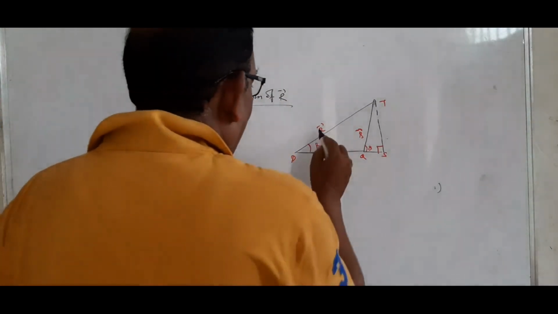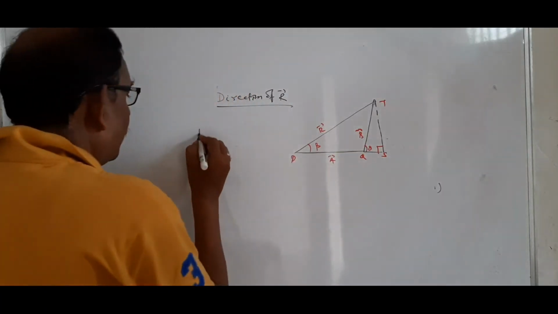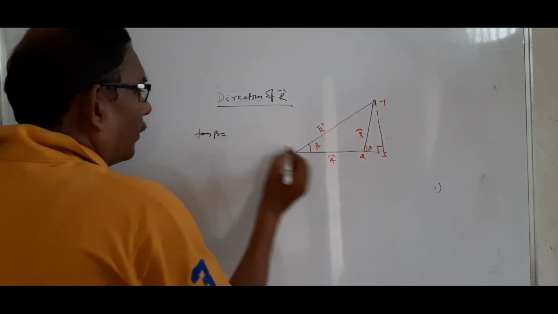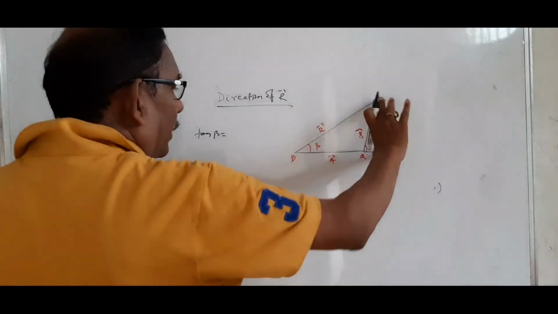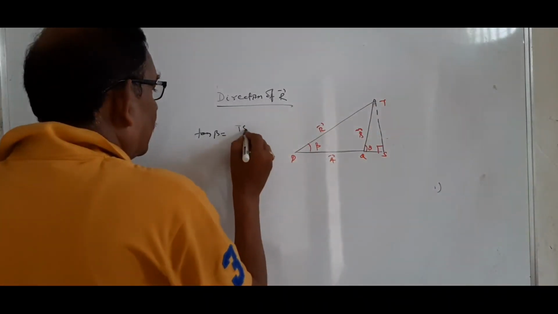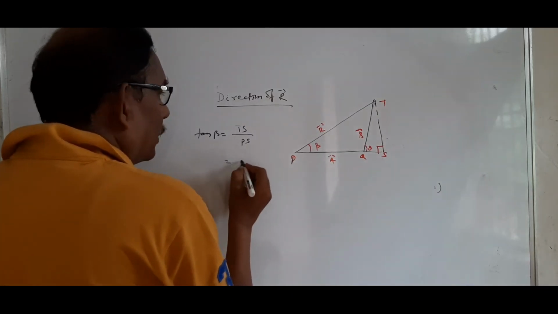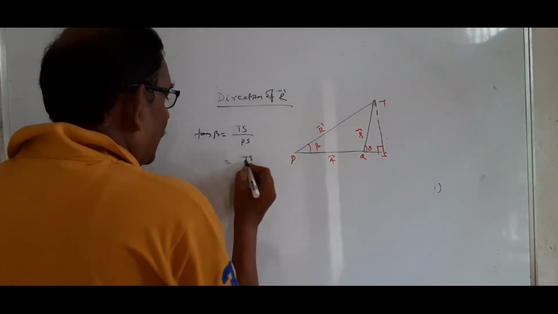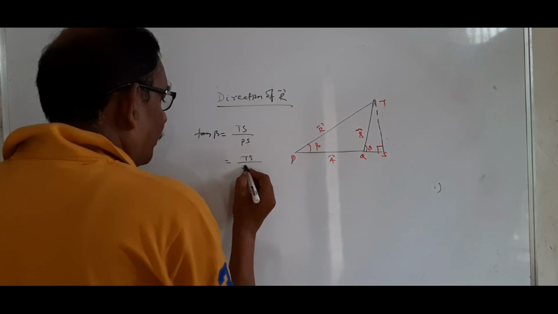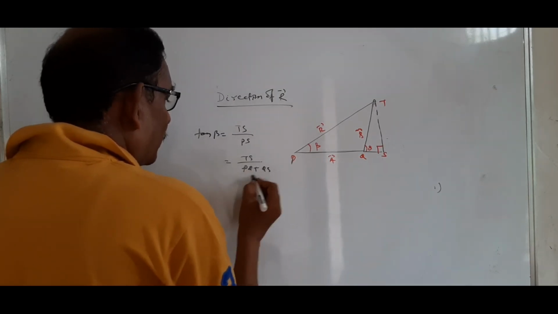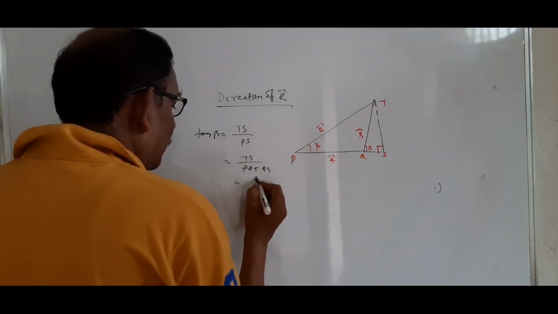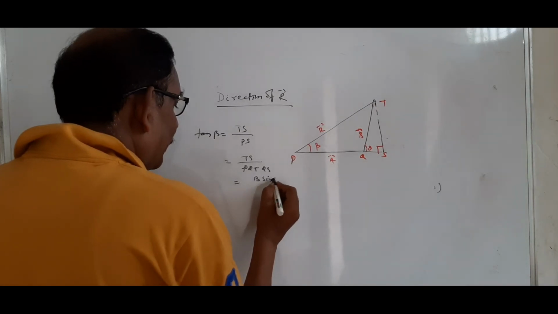So to find out tan beta, it is perpendicular by base. TS by PS. So PS is equal to PQ plus QS. How do you know that? TS is equal to B sin theta.